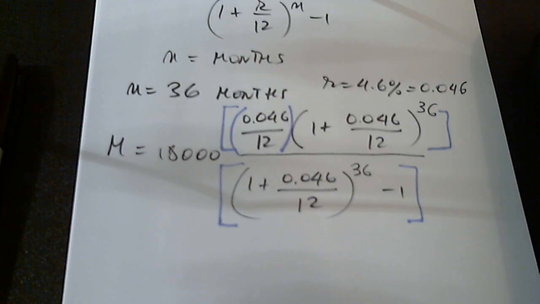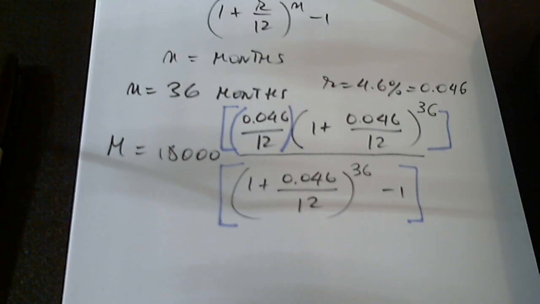For one value, we don't have to put it in y equals. We don't have a variable to enter different values for. This is what he needs to pay for the next 36 months when I hit enter.